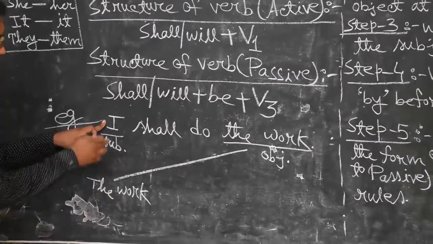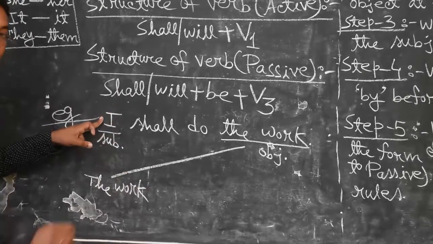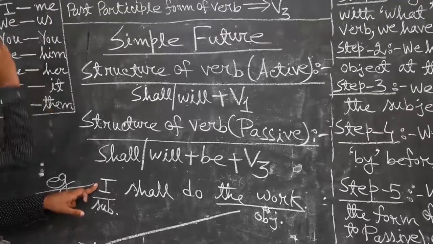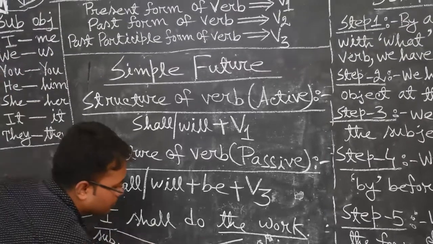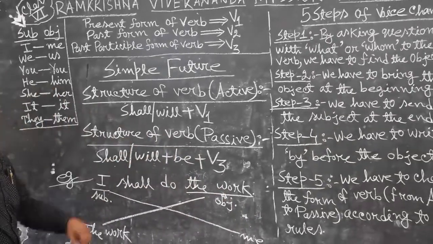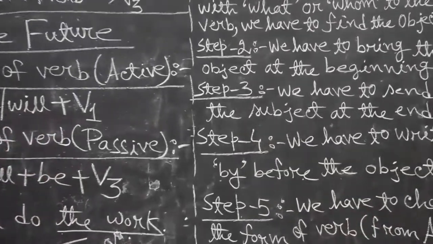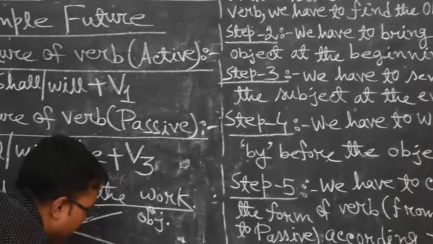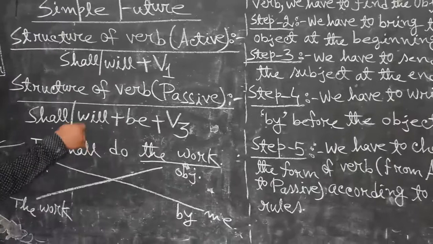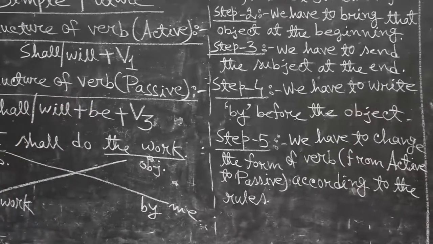When I send this subject at the end, it will become object, and when I becomes object, it will be me, M-E, me. Step 4, we have to write by before the object. Step 5, we have to change the form of verb from active to passive according to the rules.